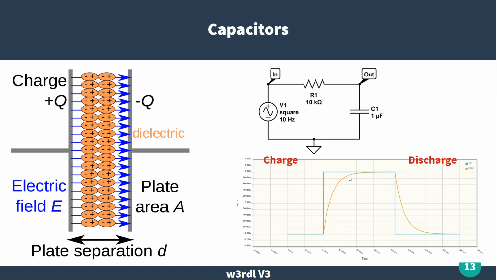And in one time constant, this will charge to 63 point something percent of its final value. In 5 time constants, it will be over 95%. So it's exponential; in theory it would never get there, but it does.